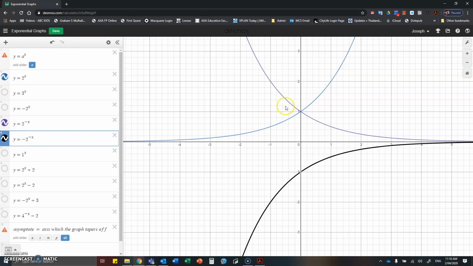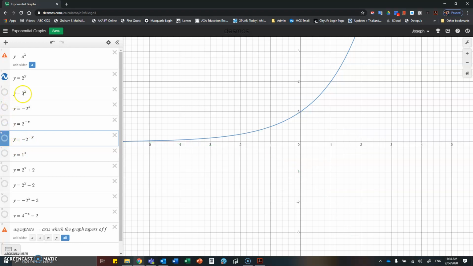So you've got a horizontal and a vertical reflection, and if we put all four together, you'll see the comparisons from y equals 2 to the power of x. Once you make certain things negative, it's going to reflect your exponential graph a certain way.